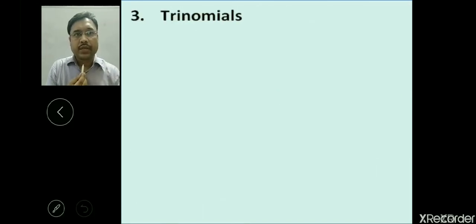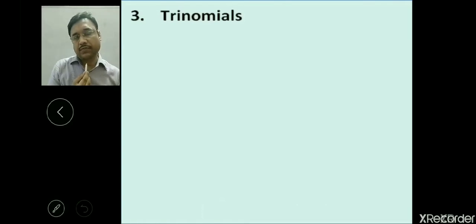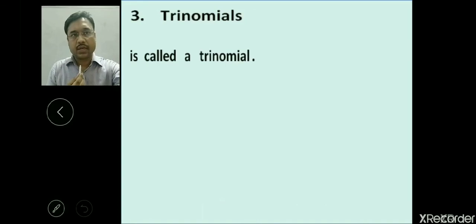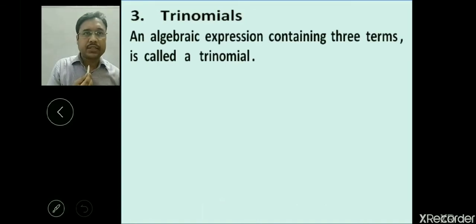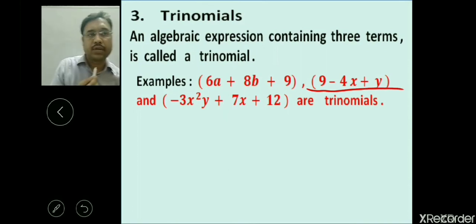Now trinomials, as by name only we can understand, the algebraic expression which contains three terms, okay. An algebraic expression containing three terms is called a trinomial. For example, here 6a plus 8b plus 9. This first one is of three terms, and similarly the second, you see 9 minus 4x plus y.